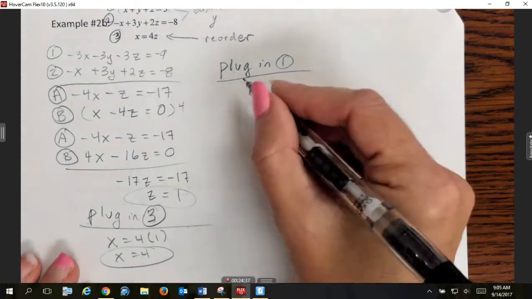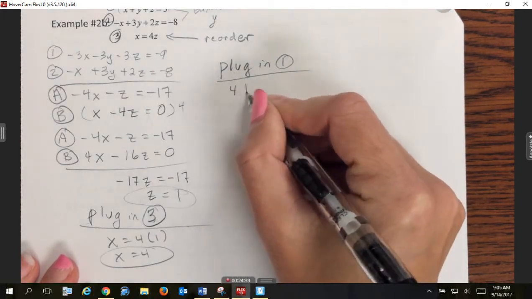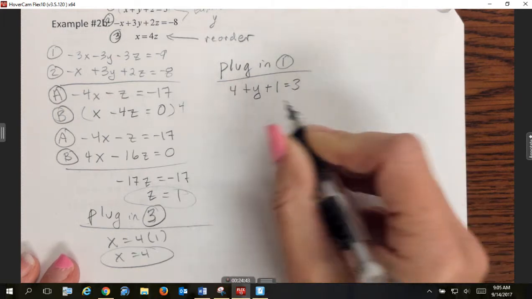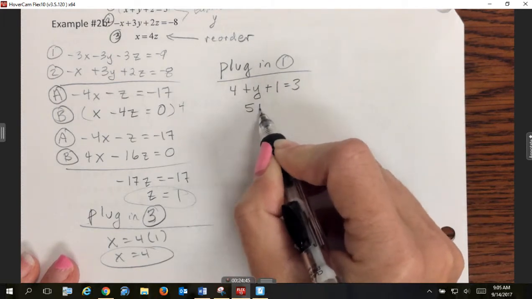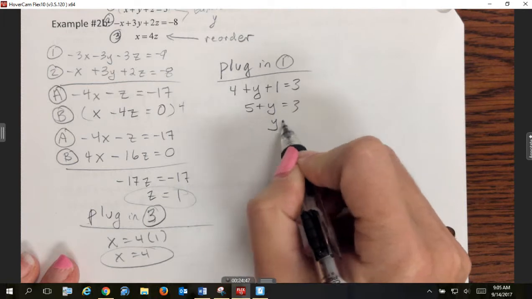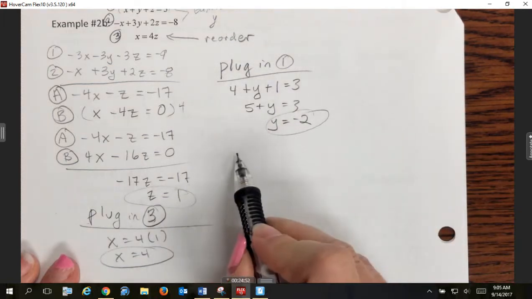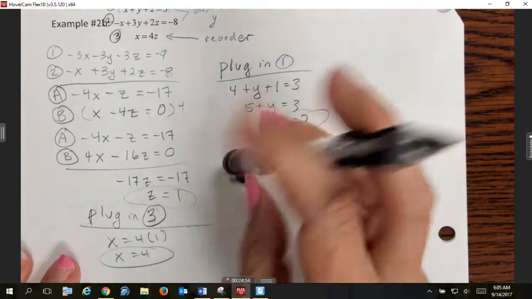All right, so we're going to plug in 1. So I get what y equals, then we'll plug it in 2 to check.